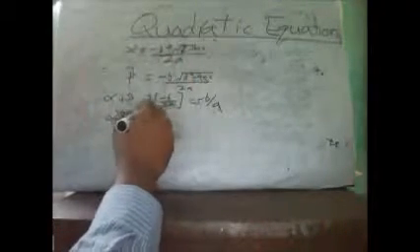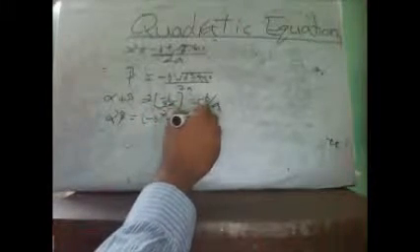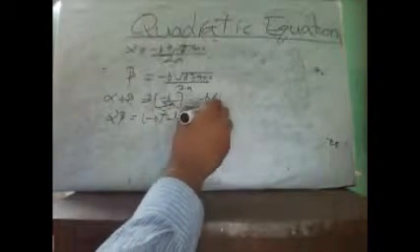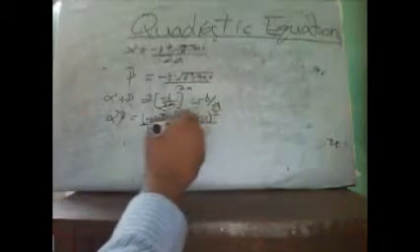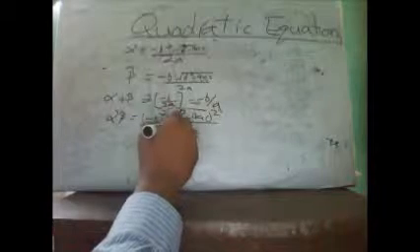minus b whole square minus root b square minus 4ac whole square upon 4a square.